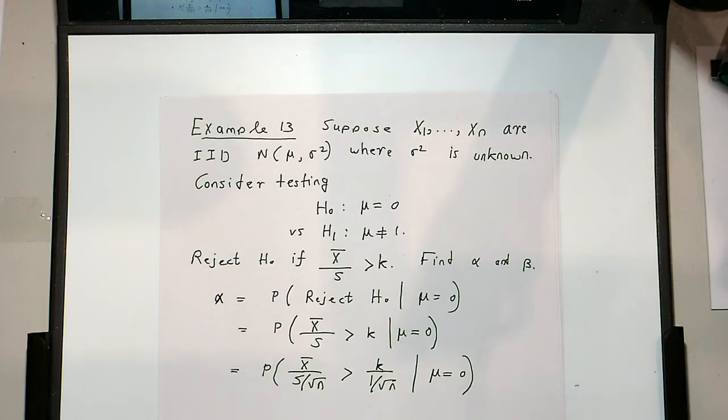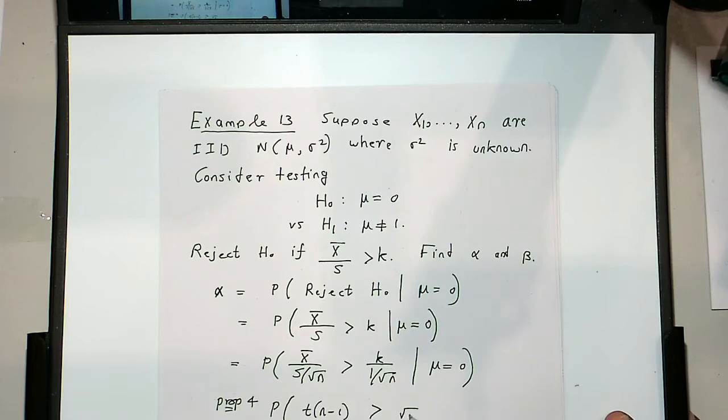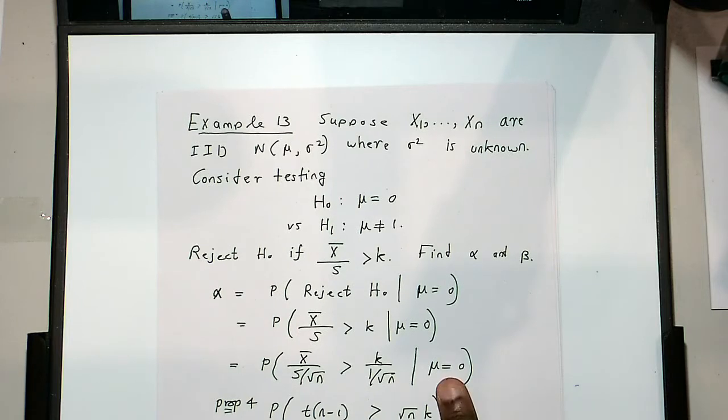Now using property 4 on the notes on student T, this must have a T distribution with n minus 1 degrees of freedom. So this is the probability that a T variable with n minus 1 degrees of freedom is greater than root n times k. And once again, we don't need the conditioning, because we are using the conditioning to argue that this has the T distribution with n minus 1 degrees of freedom.